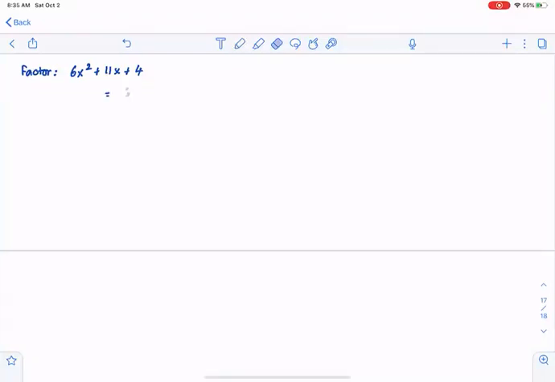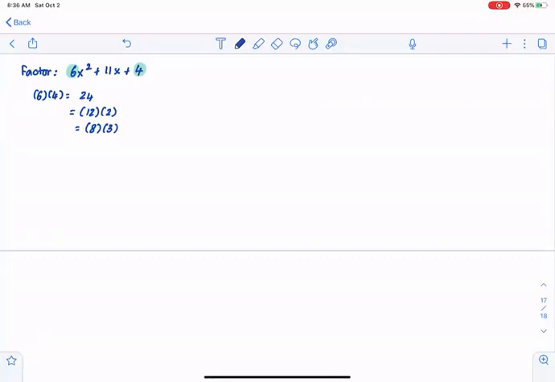6x squared plus 11x plus 4. Since that is a 6, we've got to multiply 6 and 4, which is 24. And we've got to find the factors to get 24. So I could write it as 12 times 2, 8 times 3.